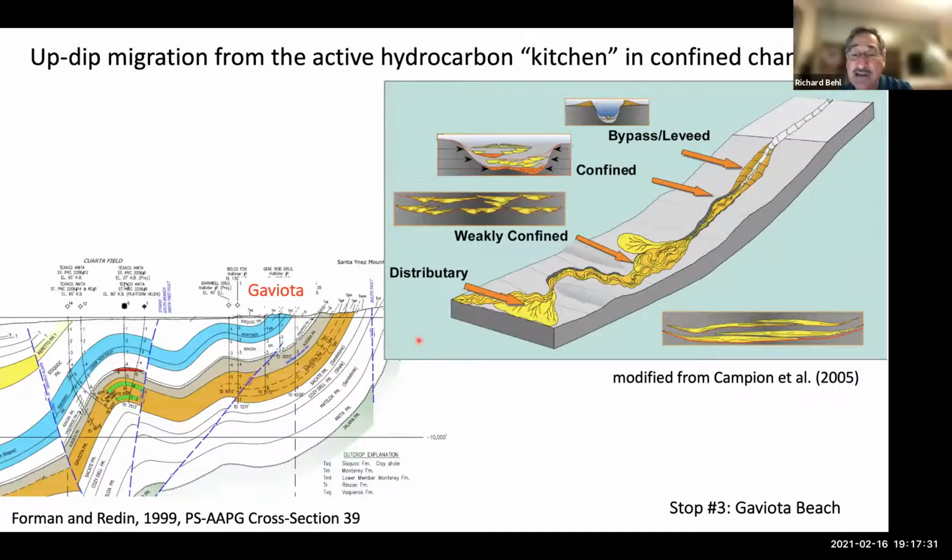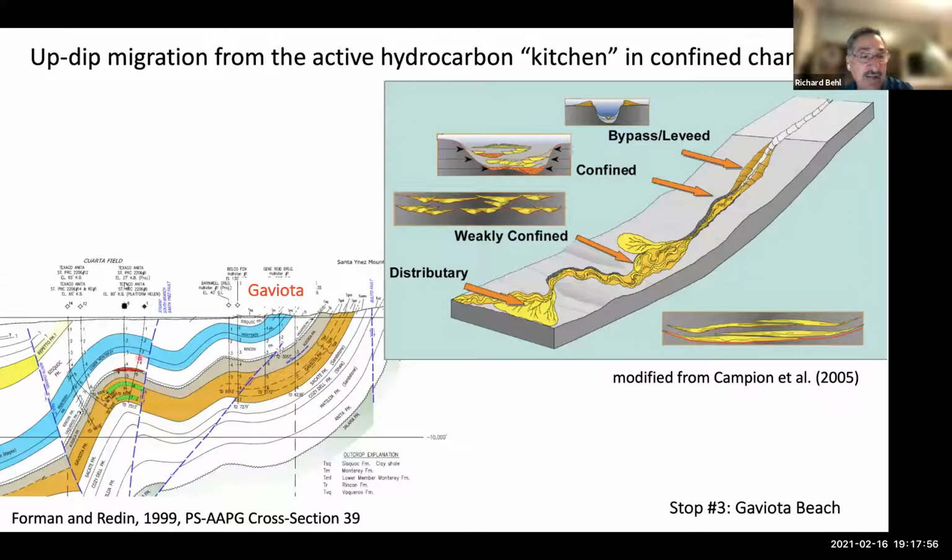Today, these rocks have all been folded, of course, by the north-northeast, south-southeast shortening that's common in this fold-belt region. And here in this cross-section, you see the Monterey Formation highlighted in blue that is down at well over 15,000 feet out here, just a few miles offshore.